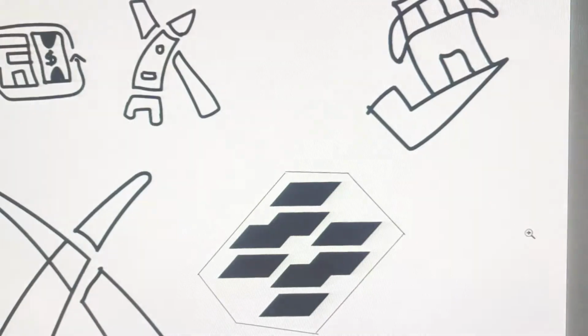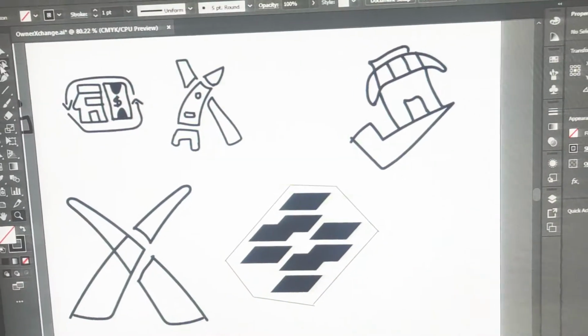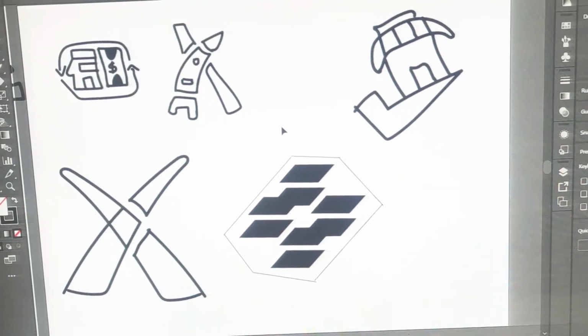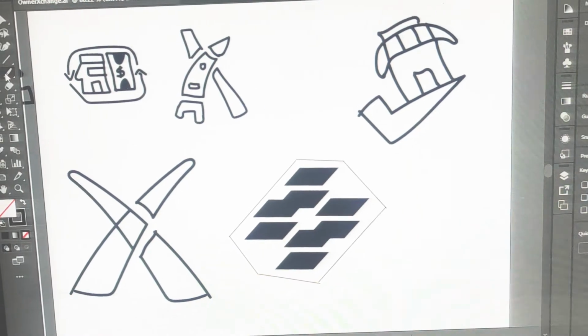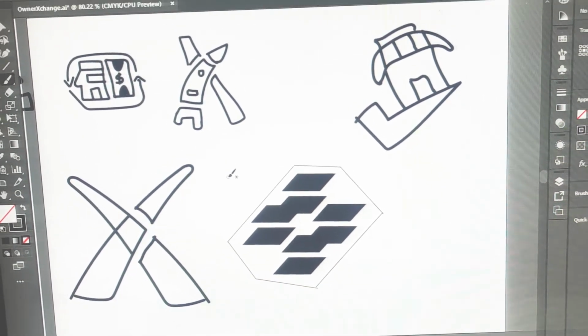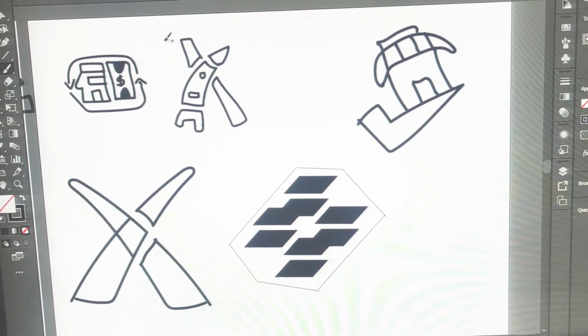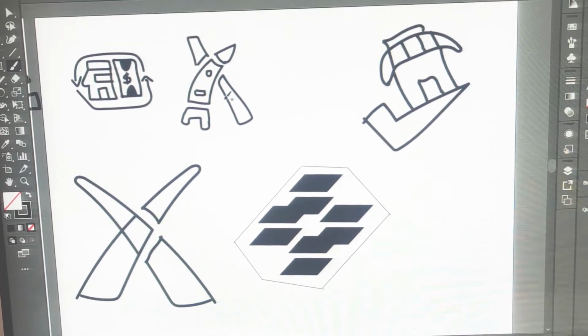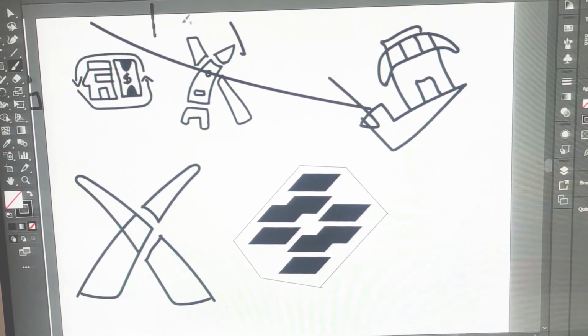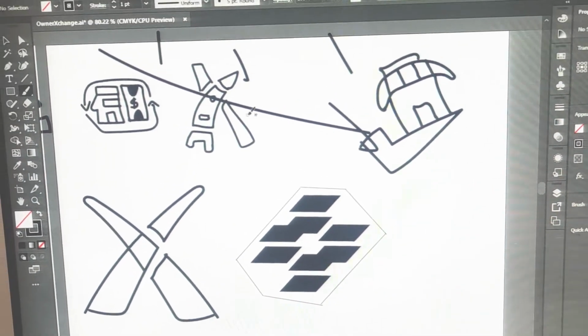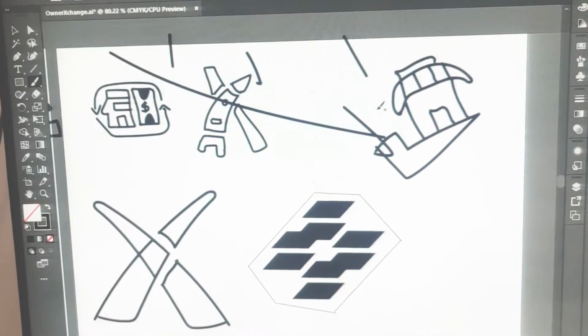So I basically ended up choosing these five, and I have to choose one of these five. The main reason I chose these five is that these three include, or this one includes, icons of one of my business models.